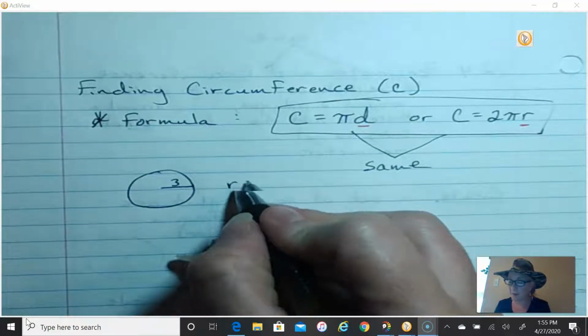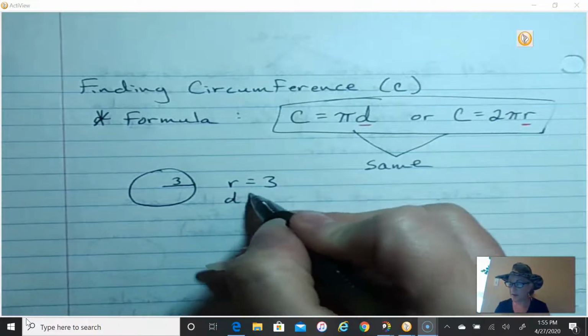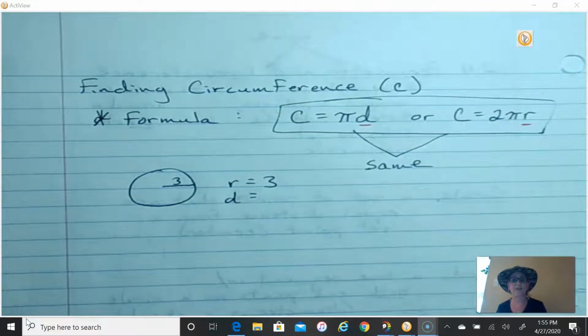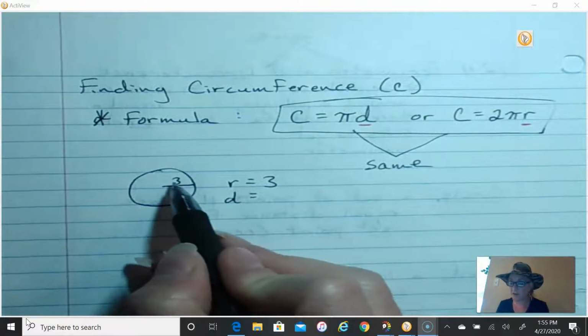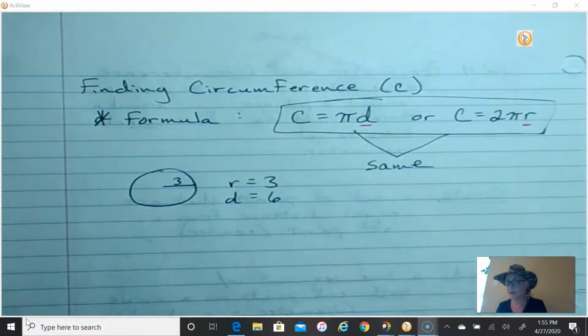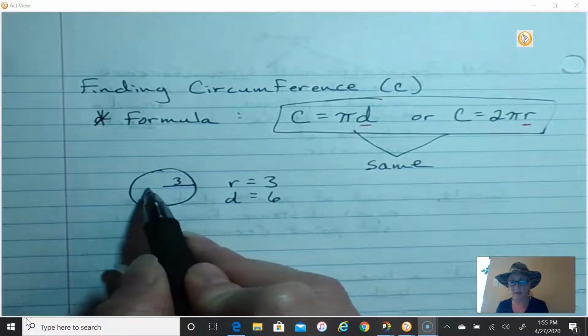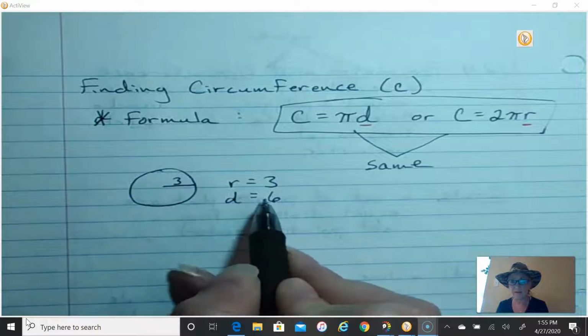But what if I said that's the radius, now tell me what the diameter is. If diameter is 2 of these radiuses and it goes all the way across, then it's going to be 6. Because that's the radius, and over here is going to be 3 as well. So 3 plus 3 is 6.